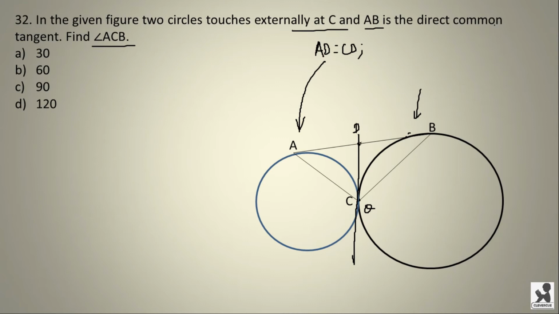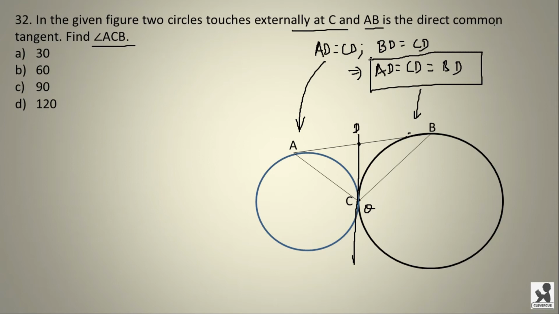So the length of two tangents will be equal. So BD is equal to CD. So we can write it as AD equal to CD equal to BD. So all these lengths are equal.